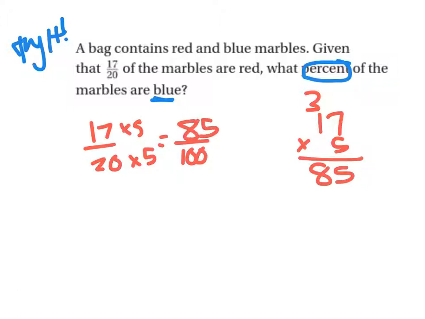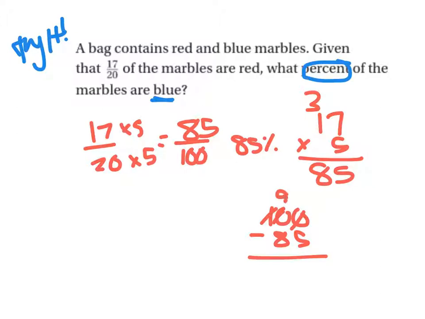So now that tells me that 85% are red. And I'm going to subtract 85 from 100 to find how many are blue. Oh, I did that wrong. That would be 15. So 15% are blue.